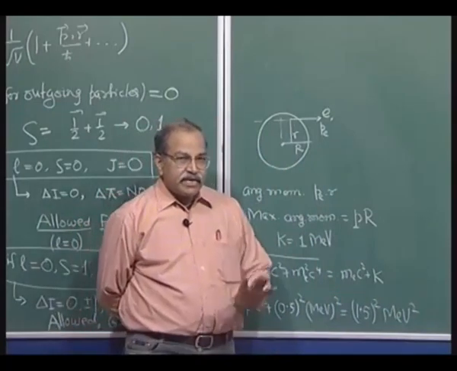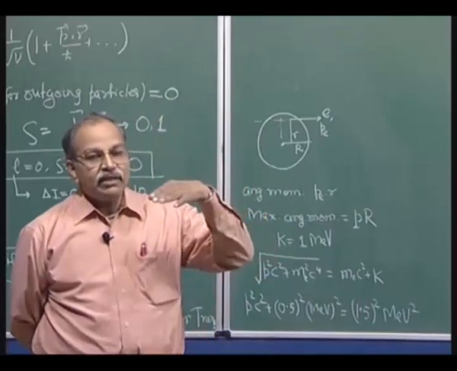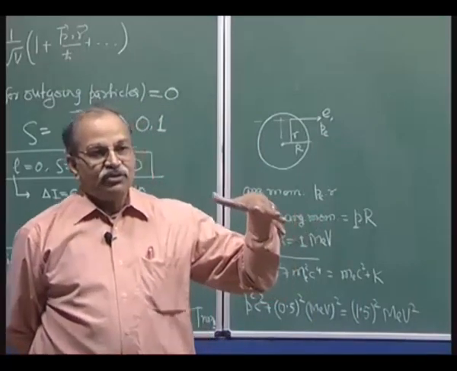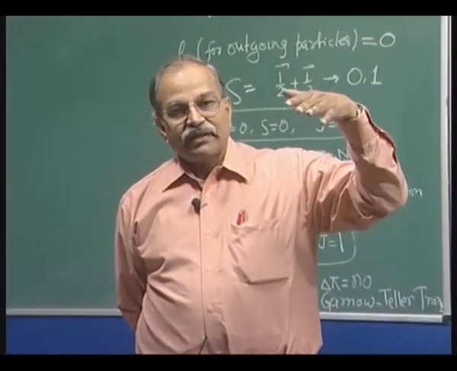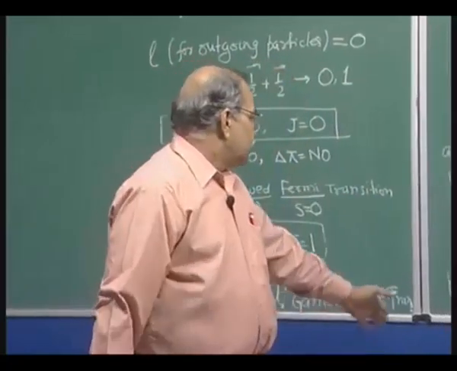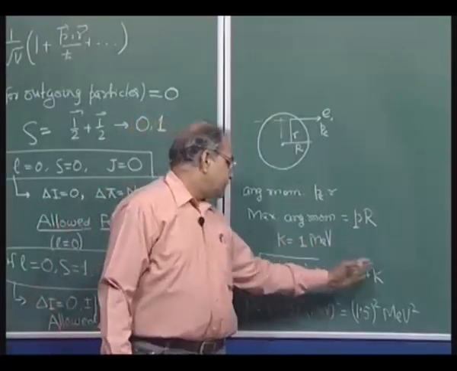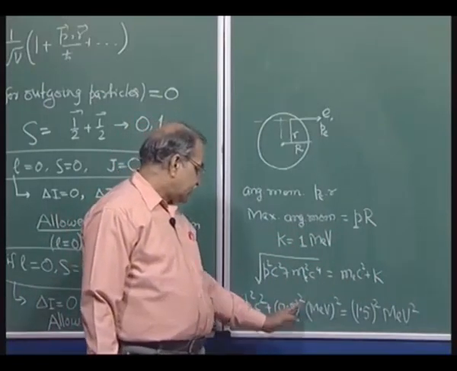Okay. Just making an estimate of what should be the maximum angular momentum, so that we know whether L equal to 1, 2, 3 or how probable they are. So, taking K equal to 1 MeV and using this expression, we have this result.